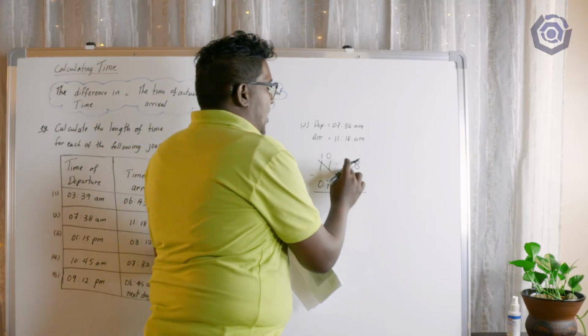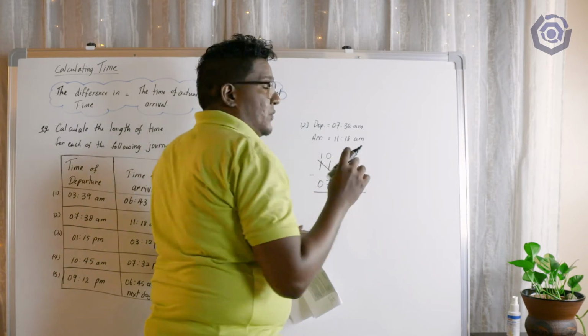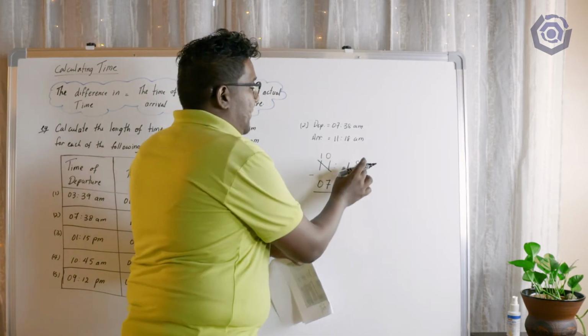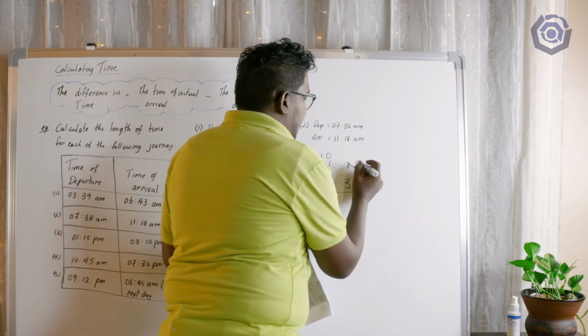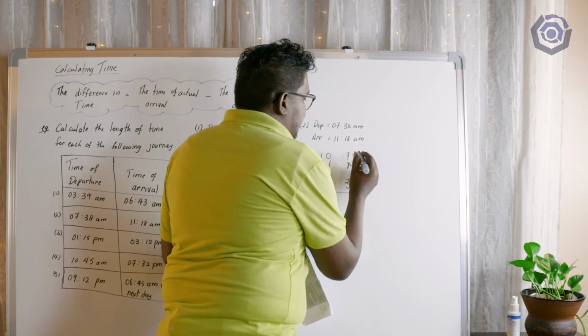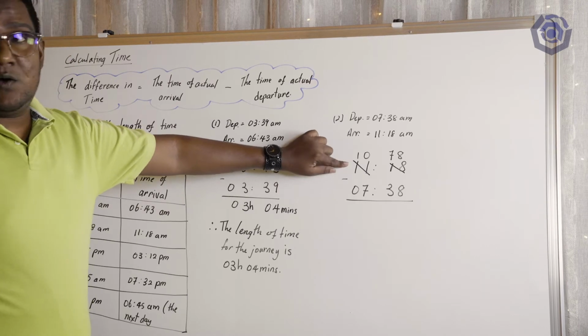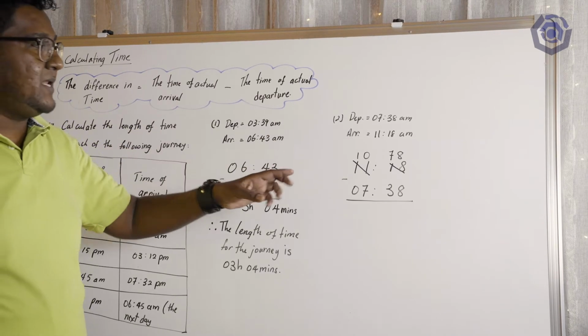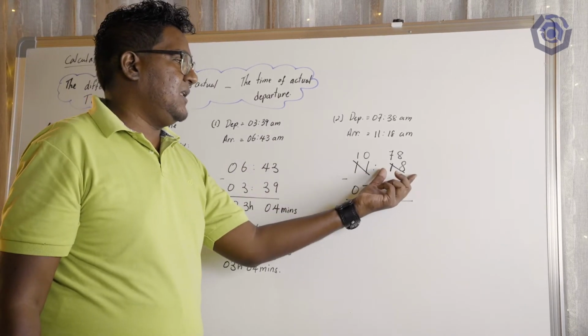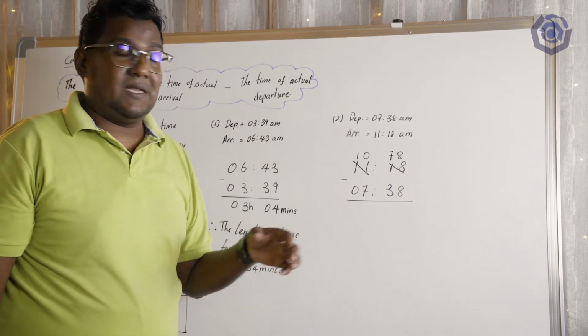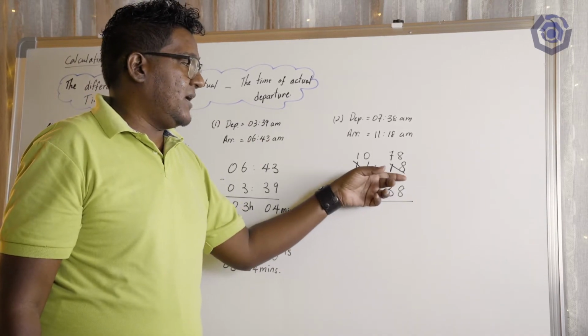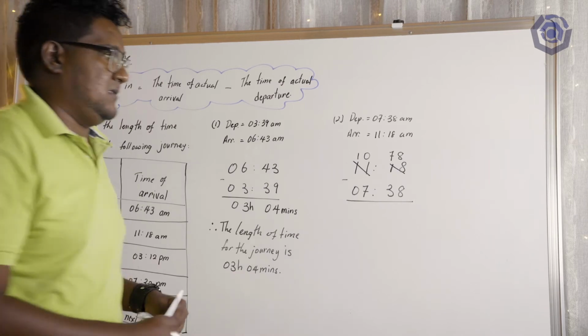So when we take the 1 hour across here, it would be 60 minutes plus our 18 minutes, and that's going to give me 78 minutes. Remember, I'm taking 1 hour, which is equivalent to 60 minutes. And if I take it across to the minute side, it's going to be 60 minutes plus the 18 that I already have, make it 78.